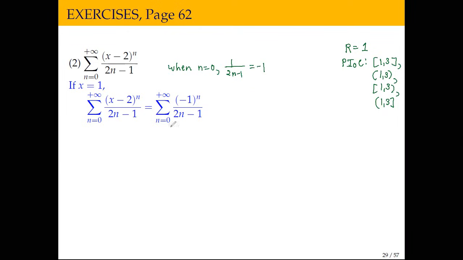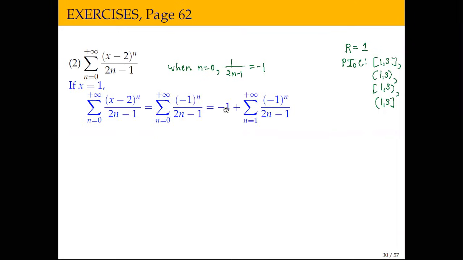Therefore, we cannot apply the alternating series test in this infinite series. But what we can do is to isolate the term where n is equal to 0. So when n is equal to 0, this term is negative 1.